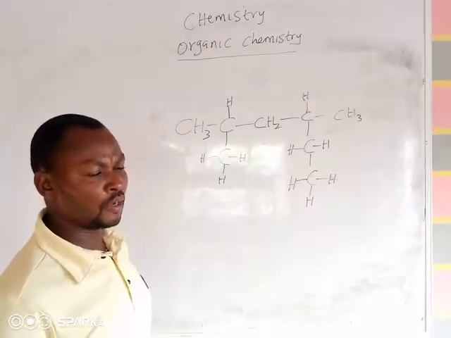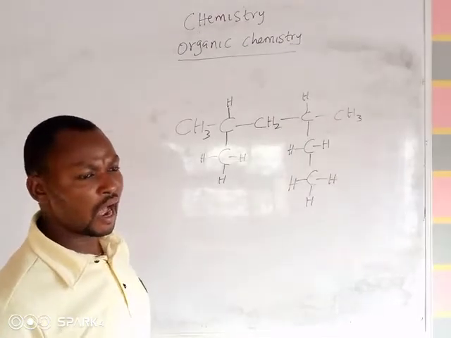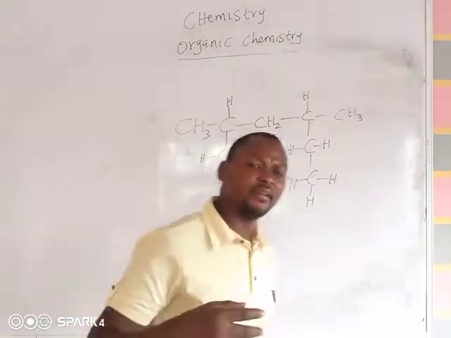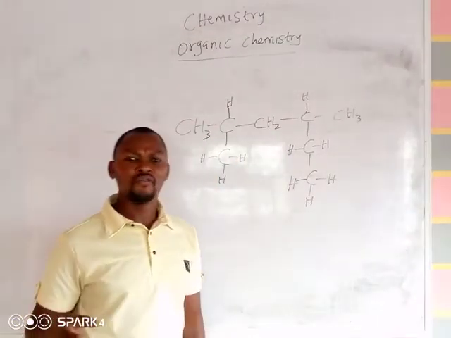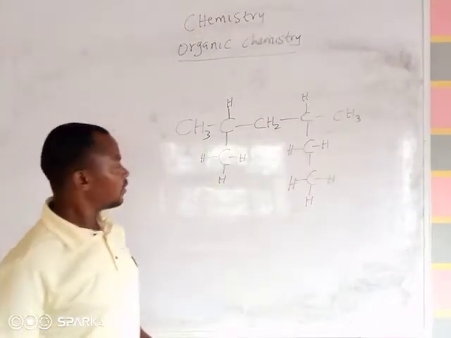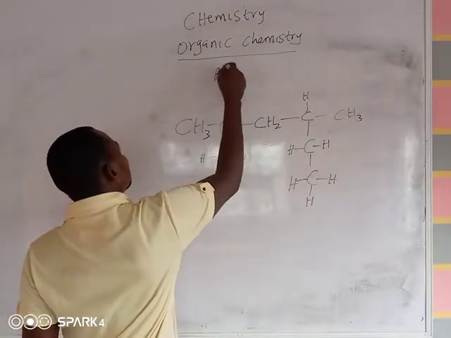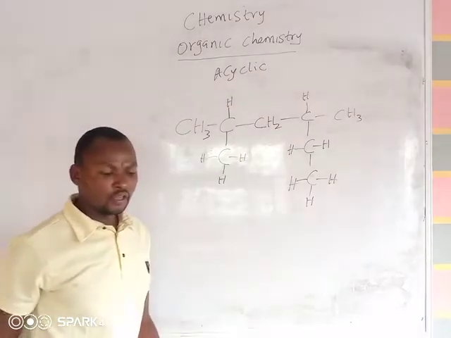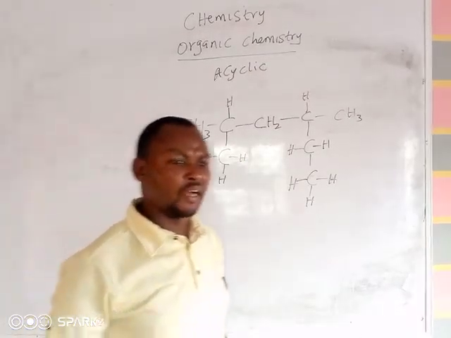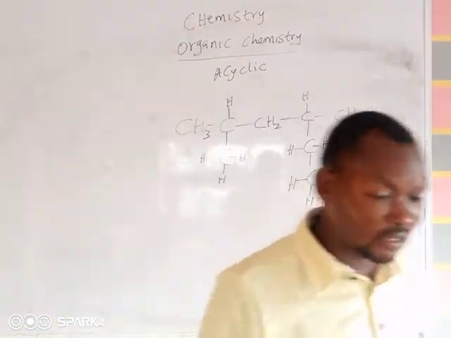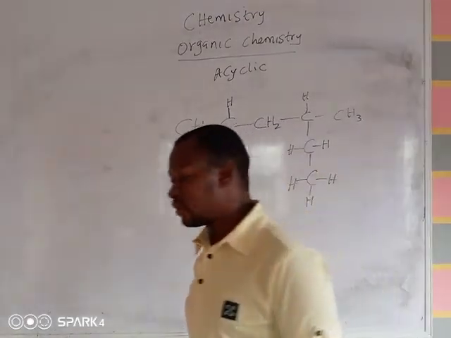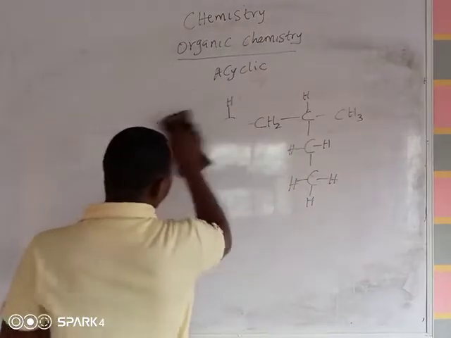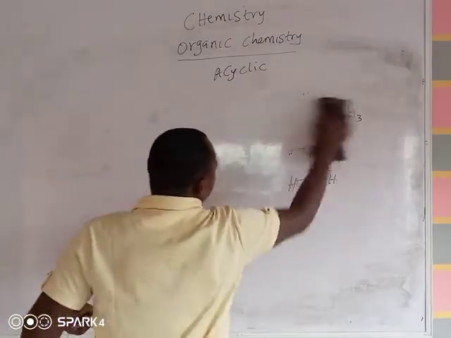I told you that the branch chain and straight chain are the two types of acyclic, and I'm able to give you the acyclic.